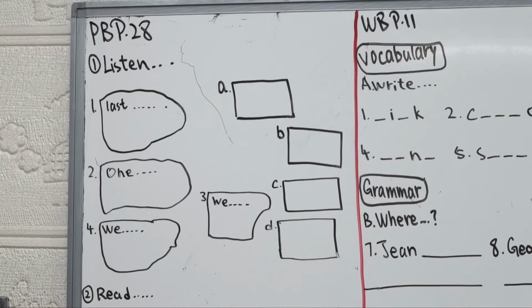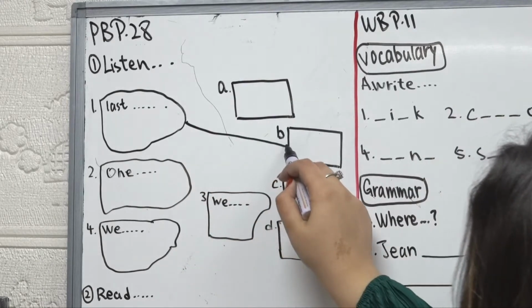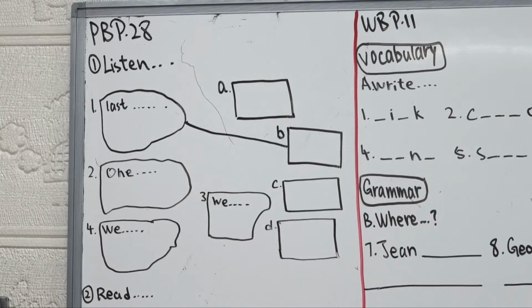So that has been done for you, right? That is B. Now it's your turn to do 2, 3, and 4. You listen and then we are going to read and then you're going to match. So let's get started.